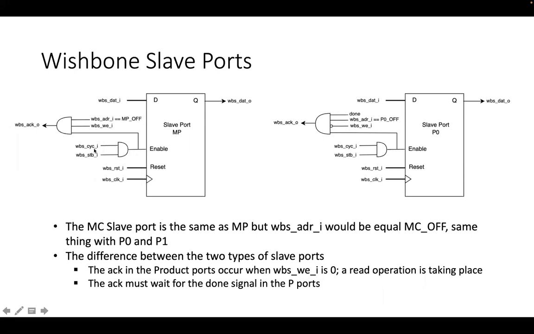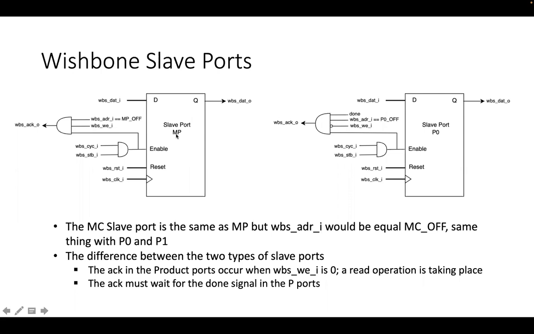It will have the ANDing of the cycle and strobe signals as the enabler of this port. And it will have data being fed to it and connected to the WBS data out as well. The difference between the slave port of the multiplier and the product, for example, will be the acknowledgement signal.